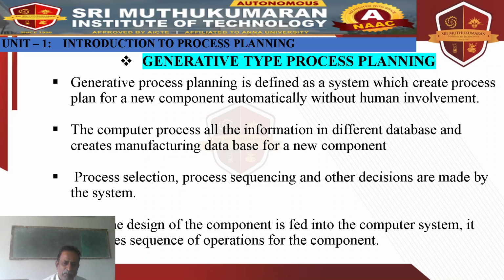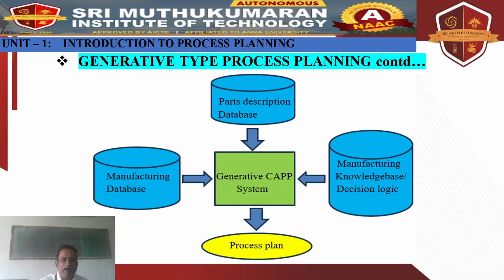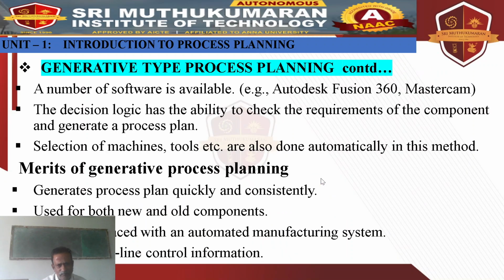Once the design of the component is fed, we are feeding only the design of that part to the computer system, it does all the work and generates a sequence of operations for producing that component. We can see in this diagram: parts description database, manufacturing database, knowledge base, and decision logic. Decision logic will tell us how to prepare the plan. Inputting all these to the generative computer-aided process planning system, it produces the process plan.